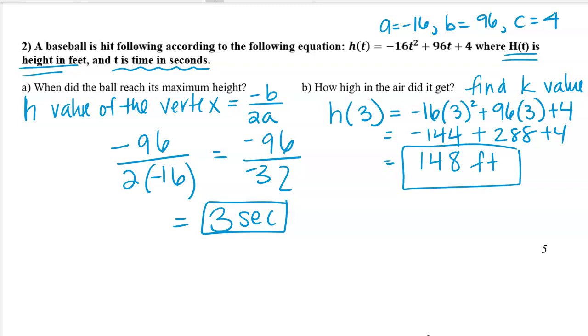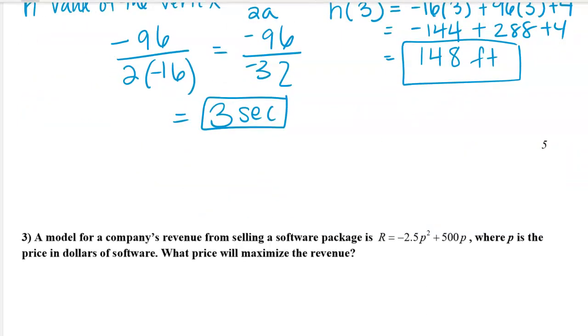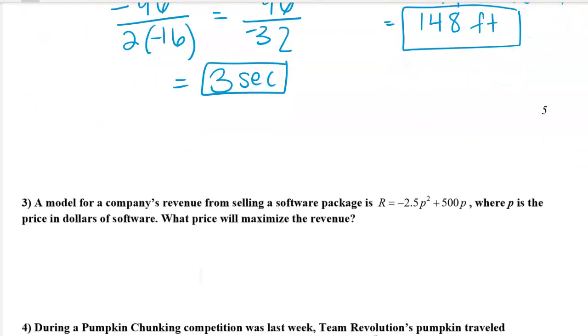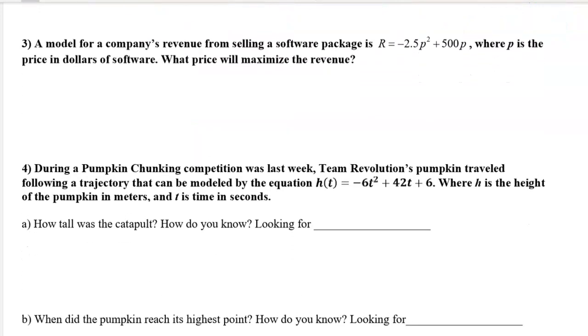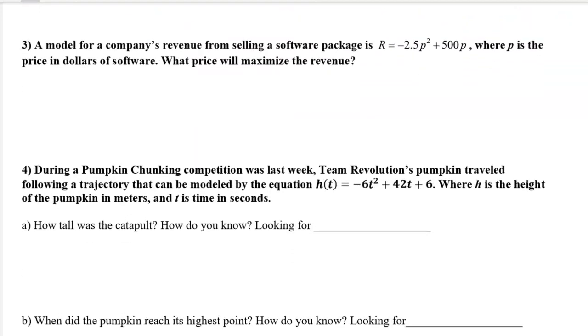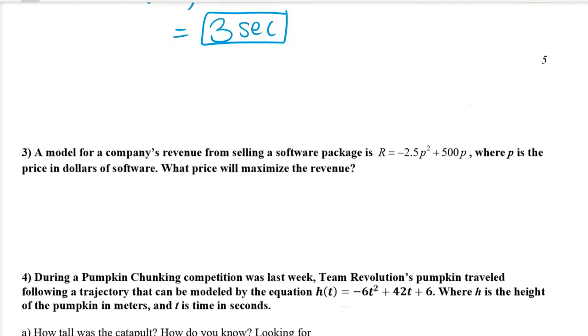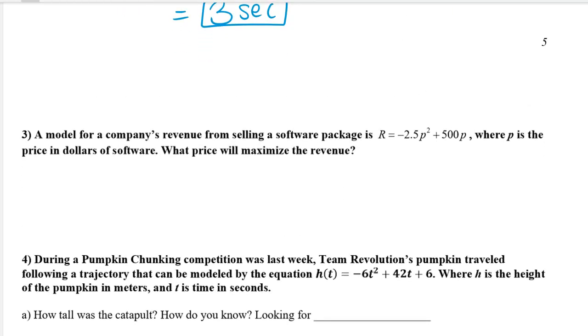All right. Let's move on to example 3. Jake S., can you please help us read example 3? A model for a company's revenue from selling a software package is R equals negative 2.5 P squared plus 500 P, where P is the price in dollars of software. What price will maximize the revenue? Good job.